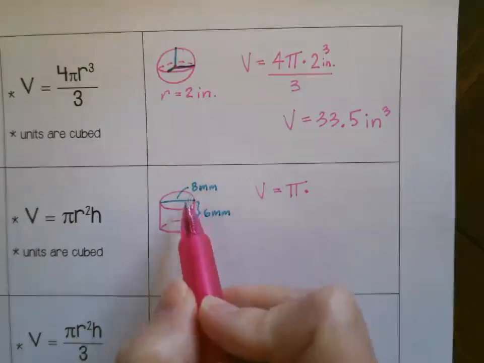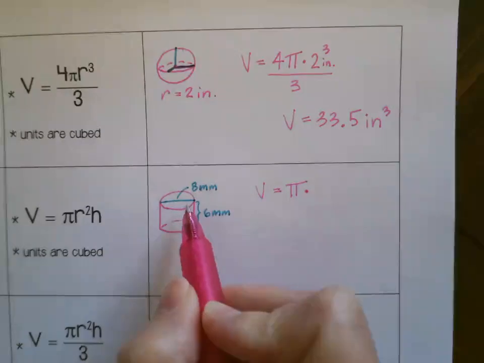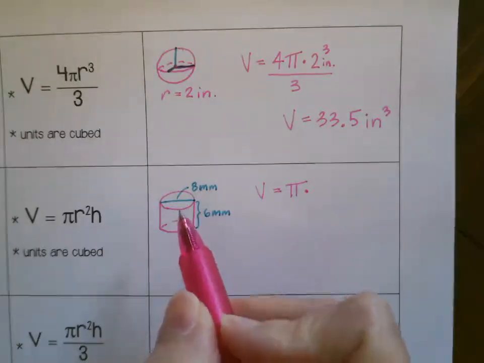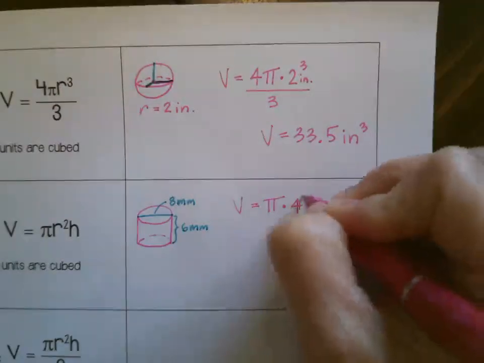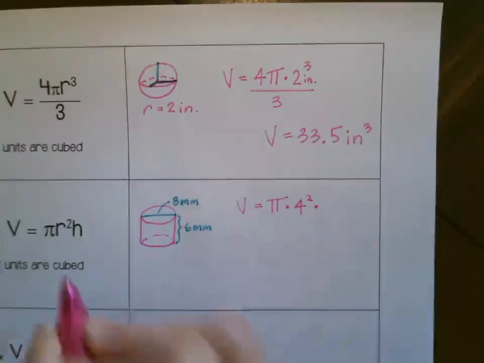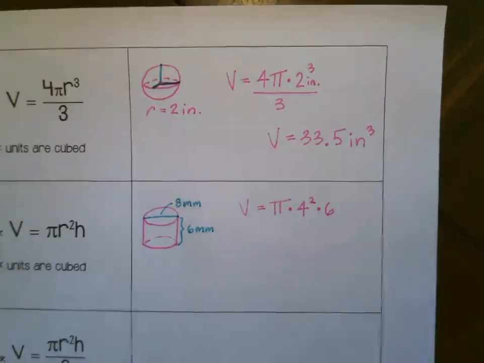The measurement I gave you is not the radius, and I know that because it's drawn all the way across. So the radius is just going to be half of that. That means I need to do 4 squared, and then multiply it by the height, which is 6.